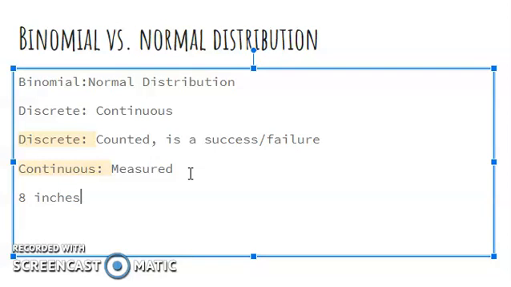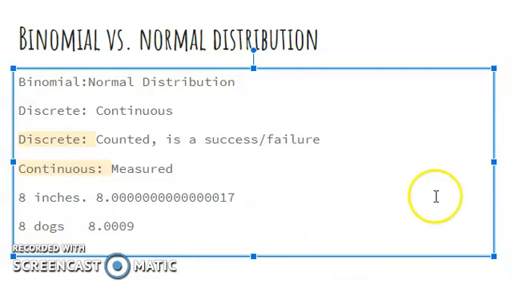But also, if you think about it, you could have 8.000000000, and you could have 8.00017, just a little bit over 8. However, if you're talking about discrete, and you're counting 8 dogs, you can't say that I have 8.009 dogs. That's impossible, to have a fraction of a dog.